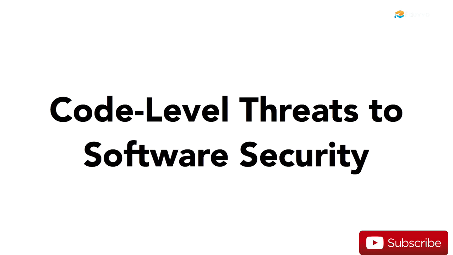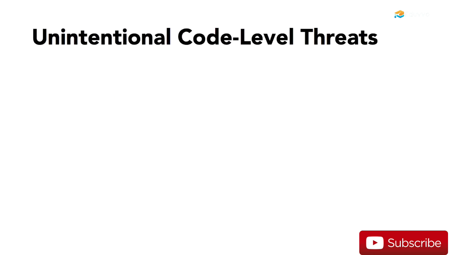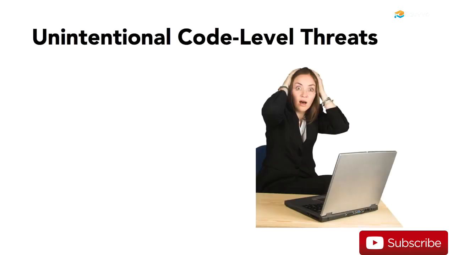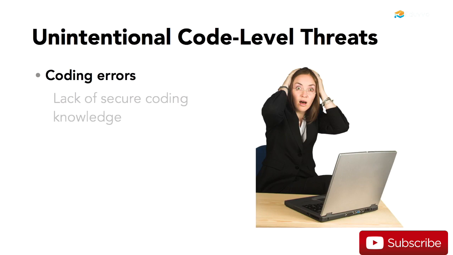An obvious threat to software security is the one at the code level. These code level threats could be either unintentional or intentional. There are many ways software developers can make coding mistakes, mainly due to the lack of secure coding knowledge.